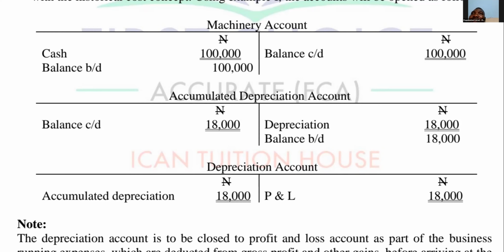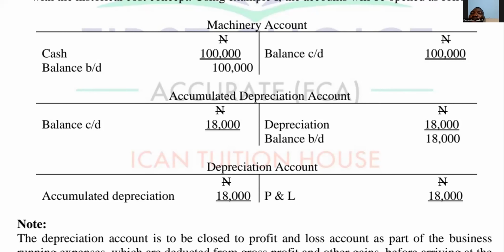So that's the way we treat accumulated depreciation account. We have balance carried down for it. It's not written off to profit or loss account. Please, accumulated depreciation is not written off to profit or loss account. It's always having a balance carried down. But depreciation is always written off to profit or loss account.